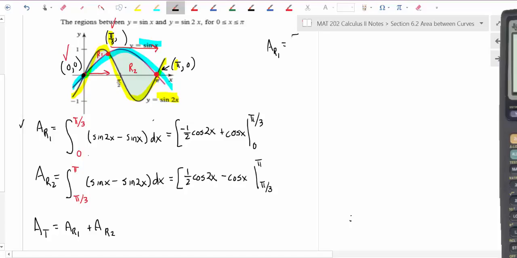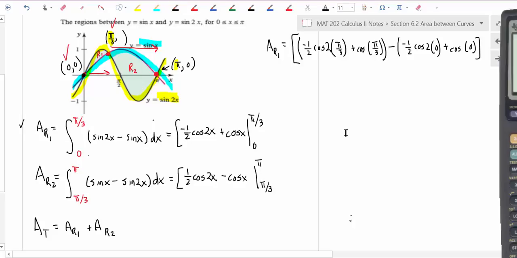We're going to have negative 1/2 cosine of 2 times x, the upper limit, pi over 3, plus the cosine of the upper limit, pi over 3, minus, and then do the same thing with the lower limit, 0. So that's negative 1/2 cosine 2 times 0 plus cosine of 0. We need to evaluate those things.